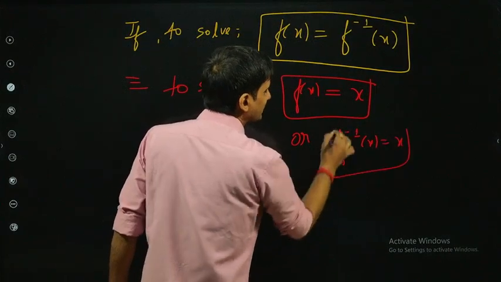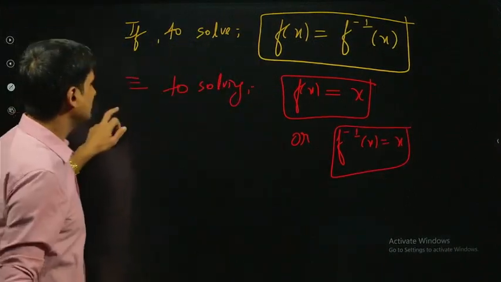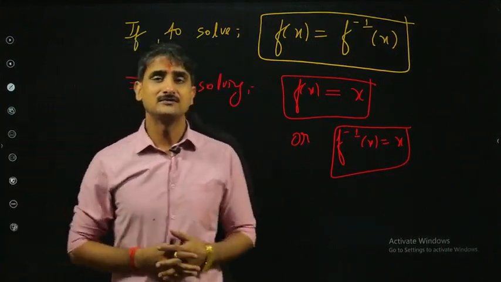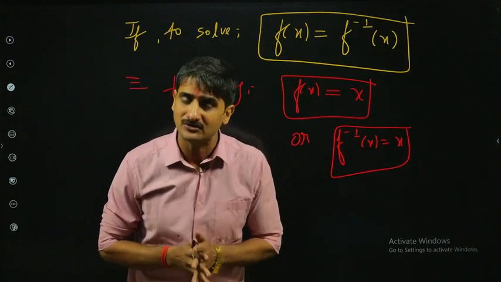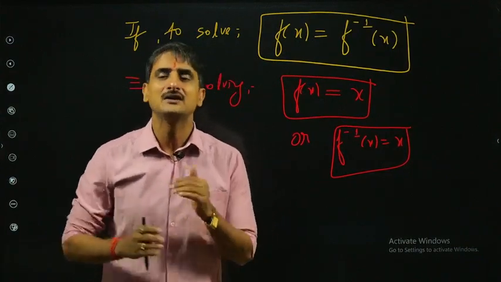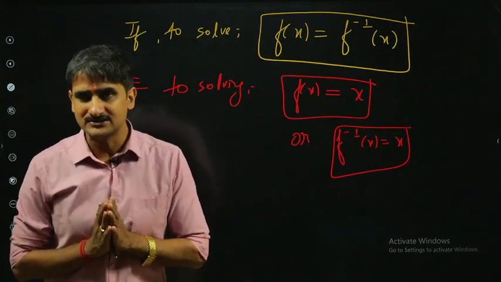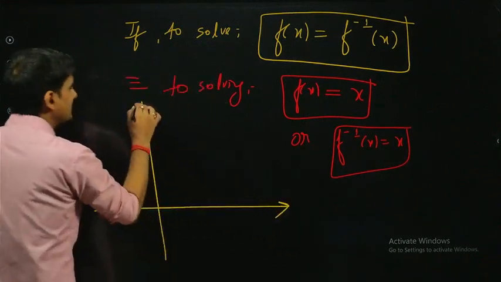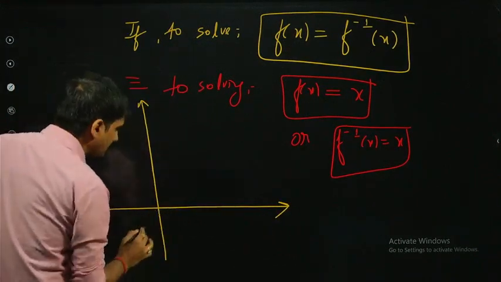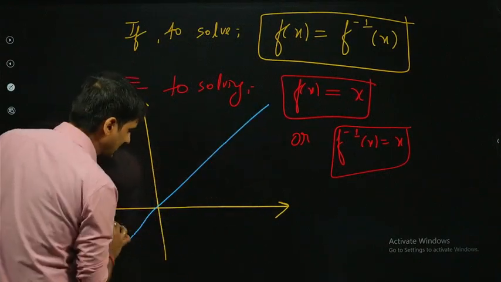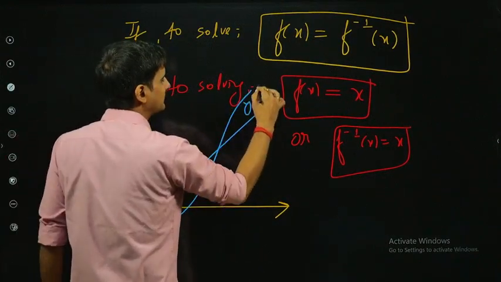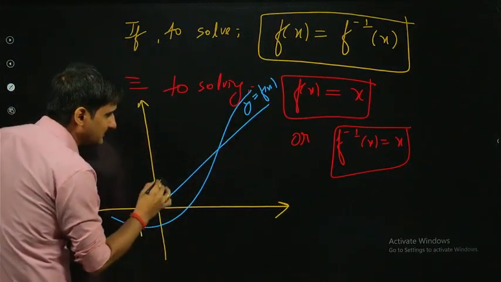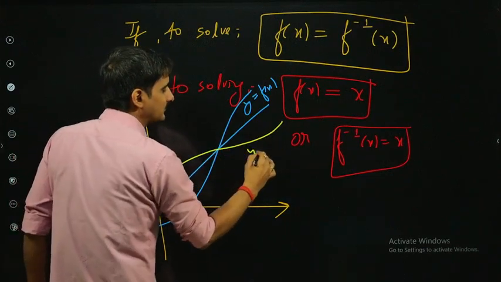And why so? We know from the property of the inverse function that the curve of a function and its inverse are mirror images on the line y is equal to x. So where does the object and image meet? If that's the curve for y is equal to f(x), also assuming it to be a 1-1 function, its mirror image will be y is equal to f inverse x.